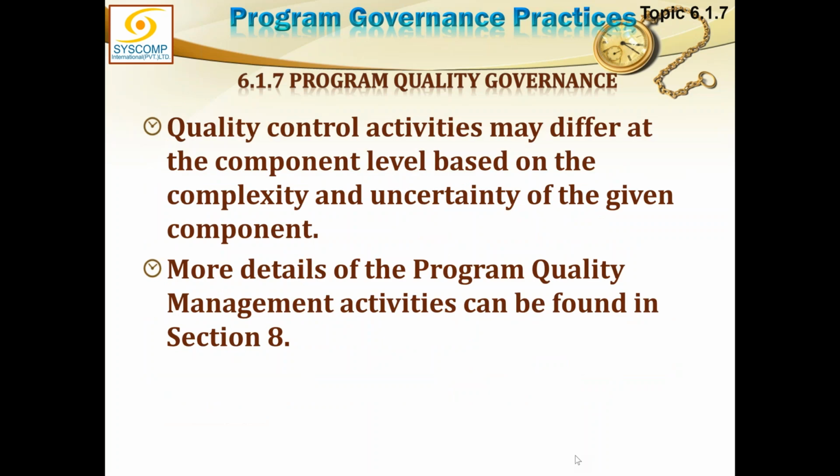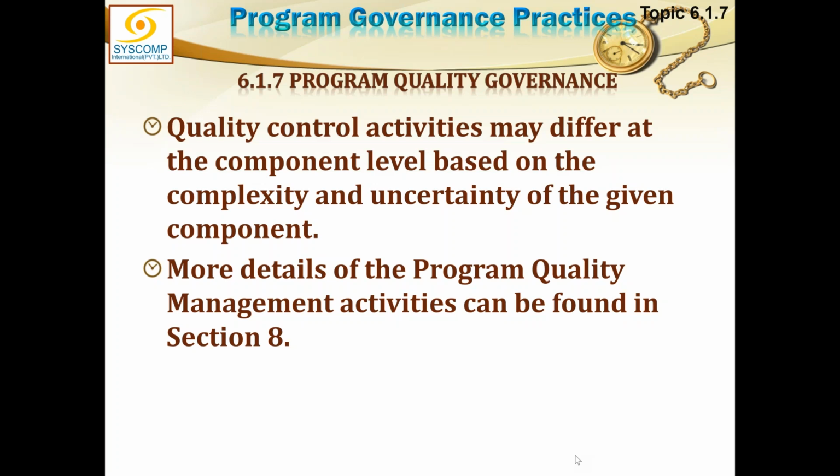Quality control activities may differ at the component level naturally based on the complexity and uncertainty. It is not only the complexity and uncertainty, we actually are dealing with more detail in a component or a project. Here, we are not dealing with that detail. We are just at program level, dealing with the result produced by the component.